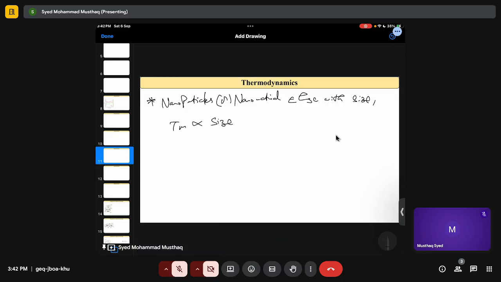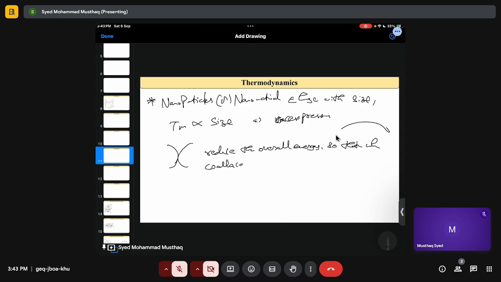We have seen it, and then we also derived the vapor pressure or the excess pressure of a curved surface, and then we have seen coalescence. When two particles are near to each other, they try to reduce the overall energy. So that's why they coalesce, and you get coalescence. That is what happens.